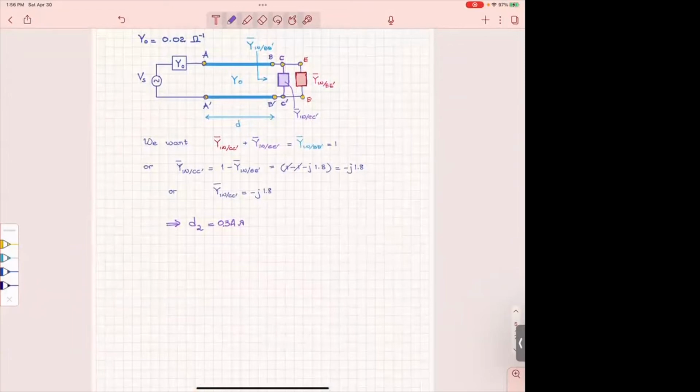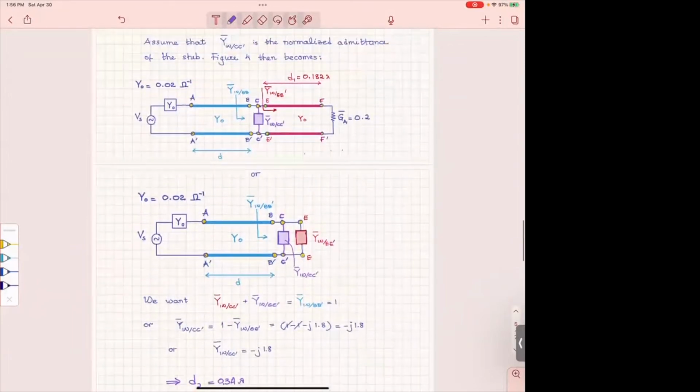So D here is going to be the whole distance between AA prime and FF prime, minus D1.